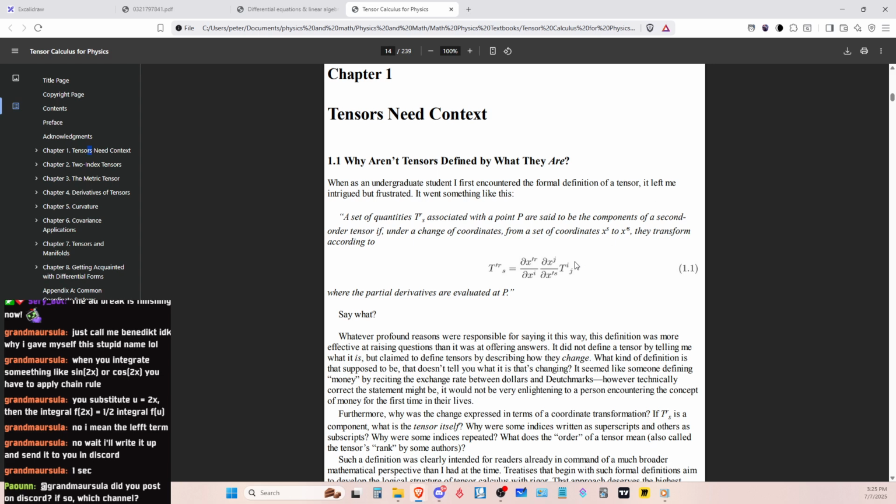Let's read about tensors a little bit. Actually, I just want to cover some tensors because I haven't covered tensors in a while. I also should open another book that I have, A Student's Guide to Vectors and Tensors.